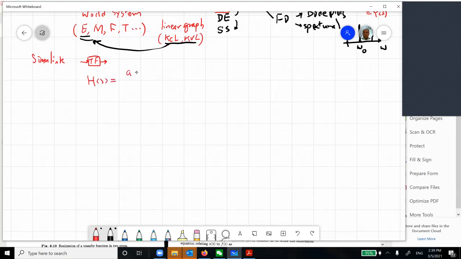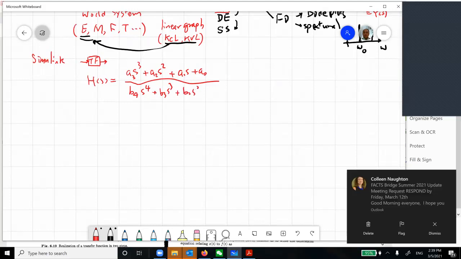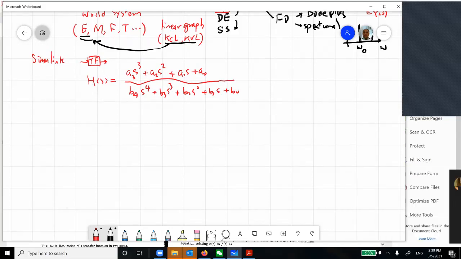Let's do a very simple transfer function: A3 S^3 + A2 S^2 + A1 S + A0 over B4 S^4 + B3 S^3 + B2 S^2 + B1 S + B0. Usually we write the leading coefficient as 1, so that the polynomial is called monic.